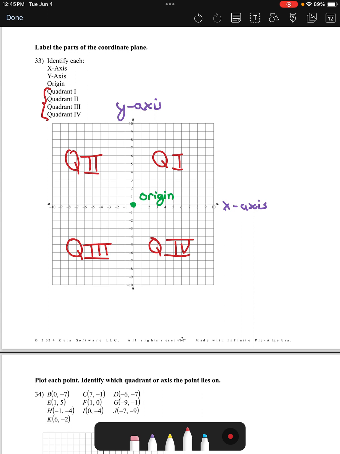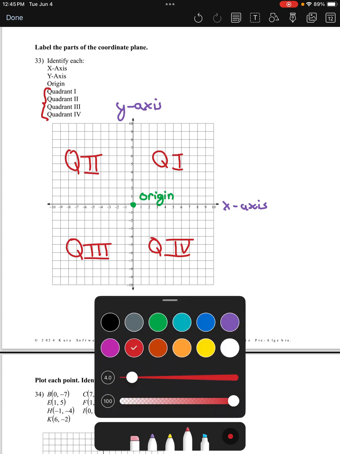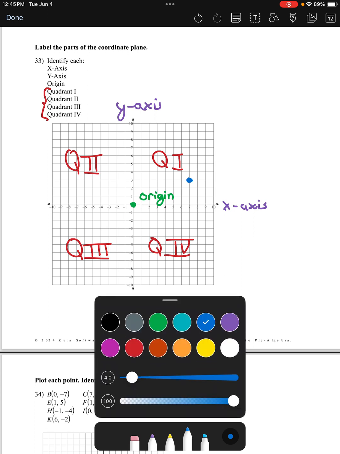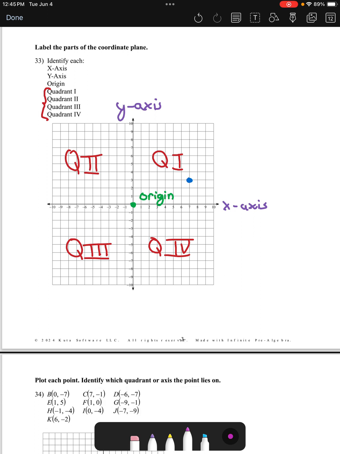What's nice about the coordinate plane is every single spot on it is defined by a particular set of coordinates. I am going to show you here on this grid, even though I don't have an example for it, I'm still going to throw a point on here and show you how to figure out what it is. So let's say I put a nice point right there. It's in quadrant 1, so its address is going to be made up entirely of positive values. So how do I figure out what those values are? I need to know two things.